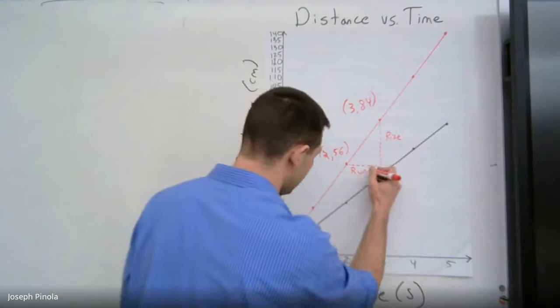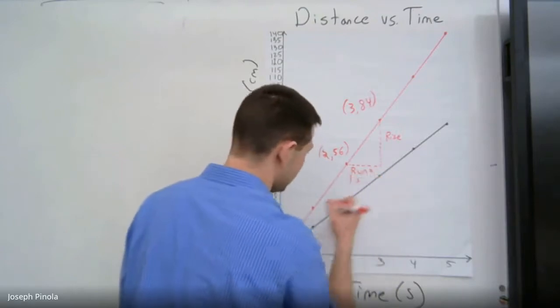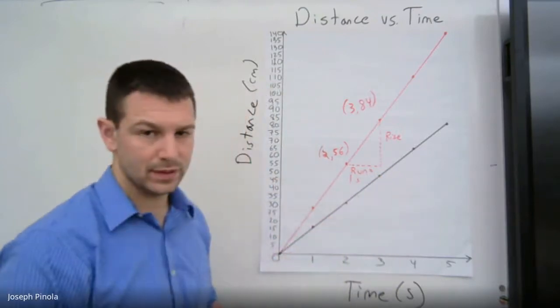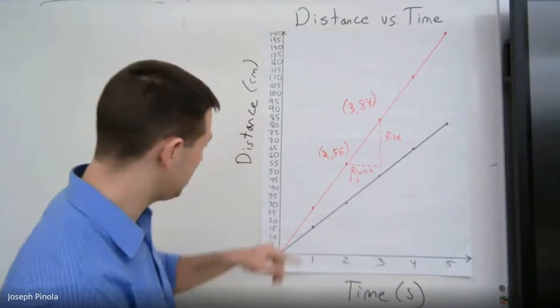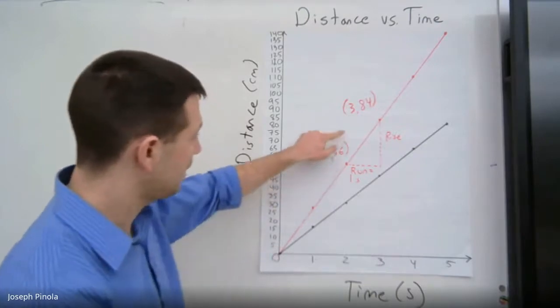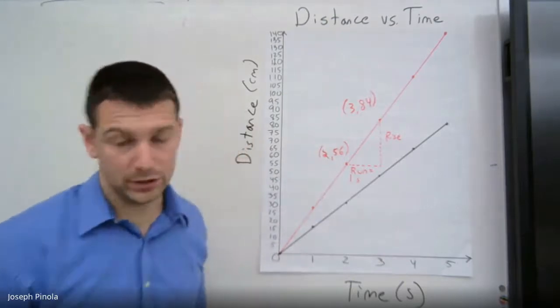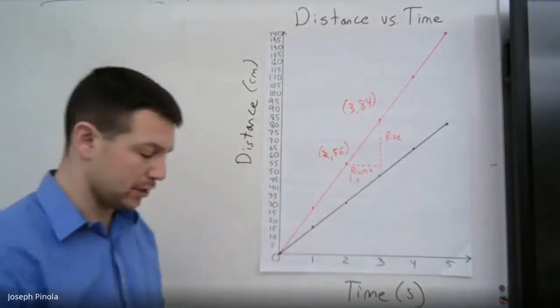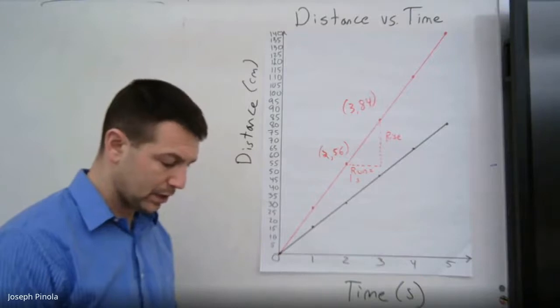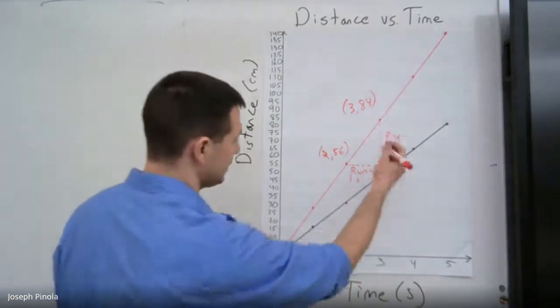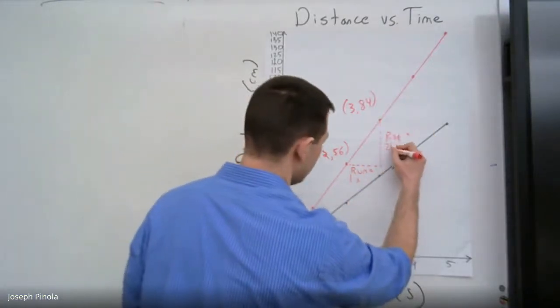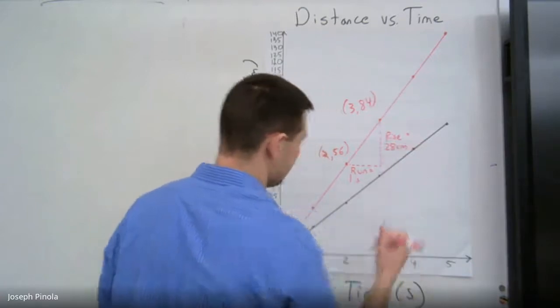So the run is equal to 1 second. Then for our rise, we went from 56 centimeters all the way up to 84 centimeters. If we subtract those two numbers, we can do that using our calculator, we will find that the rise is equal to 28 centimeters.